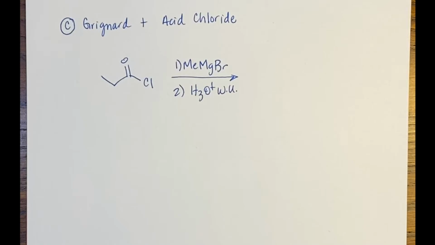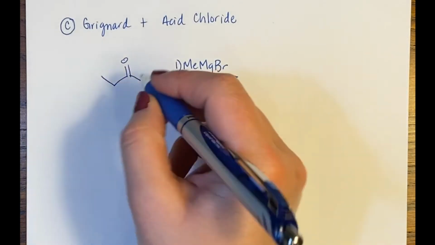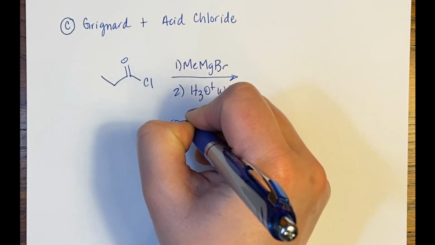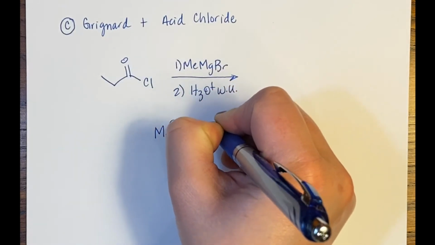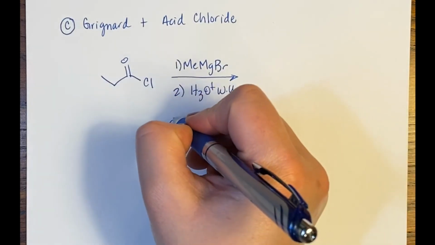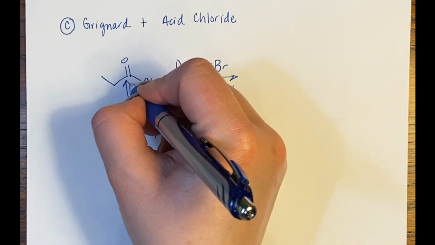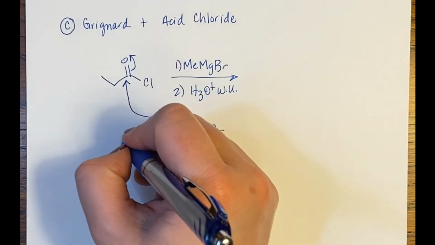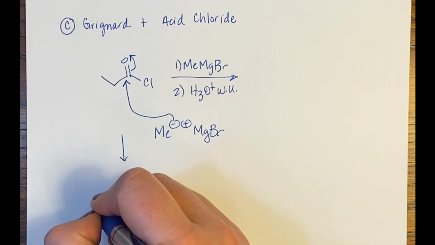So as we work through the mechanism for this reaction, I have my Grignard reagent, so methyl magnesium bromide. My carbon-containing nucleophile will attack at the carbon of the carbonyl, kick the electrons up to the oxygen, and that's going to give me a tetrahedral intermediate.